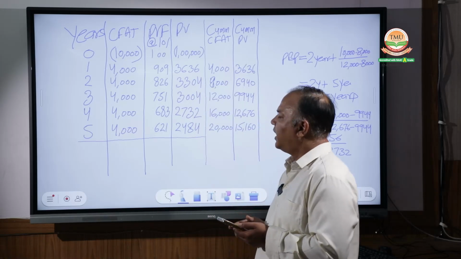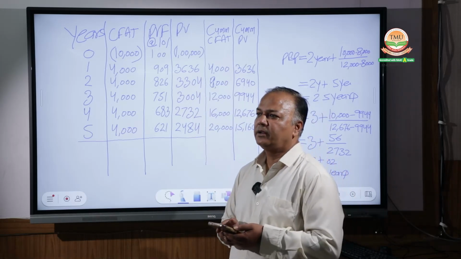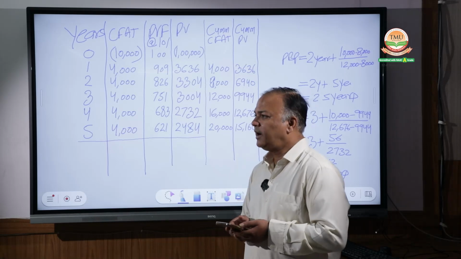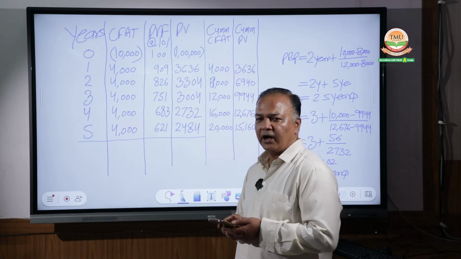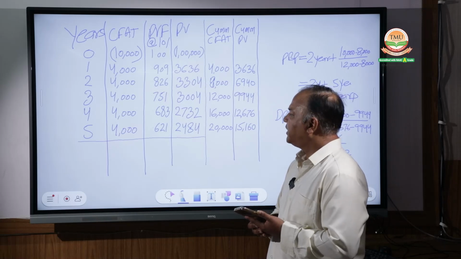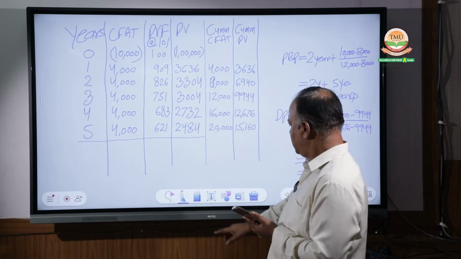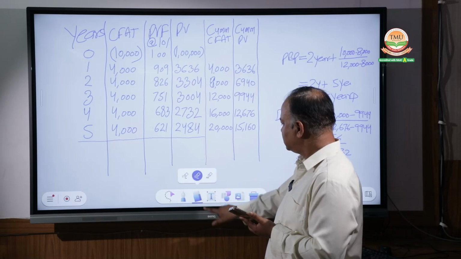Now, after calculating discounted payback, you have to calculate profitability index and net present value. To calculate net present value, let's start.